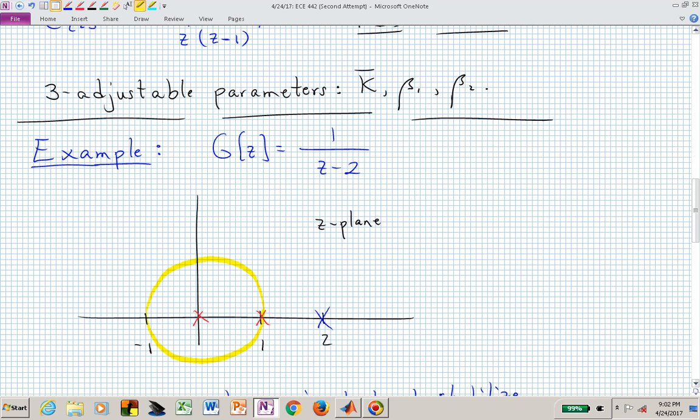That will give rise to 3 root locus branches or 3 closed loop poles, and we want all 3 of those branches, for a given value of gain k or k bar, to be inside the unit circle.